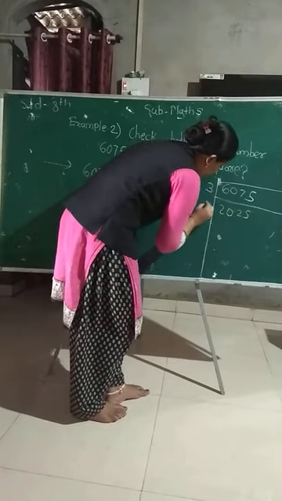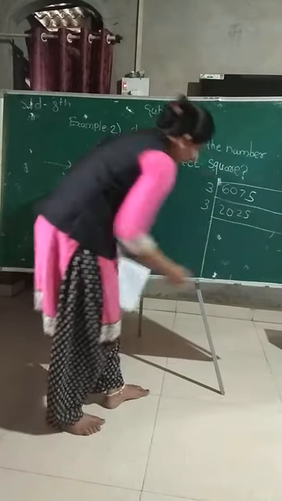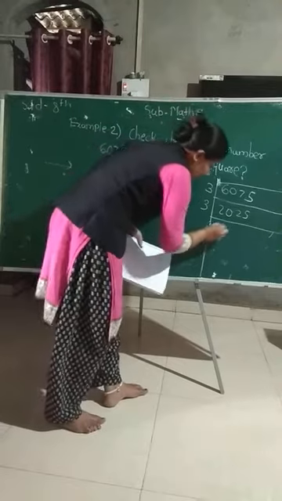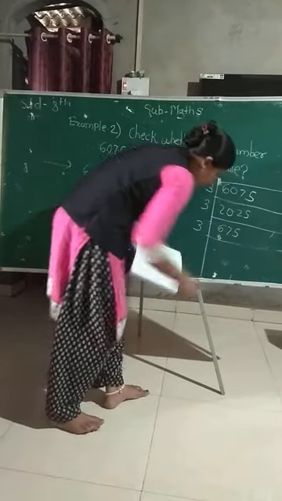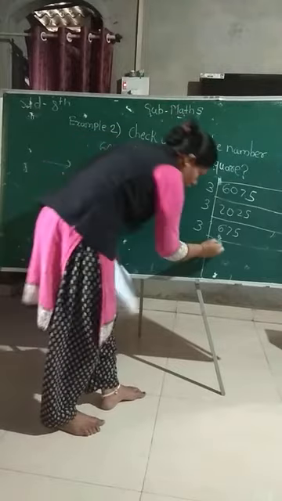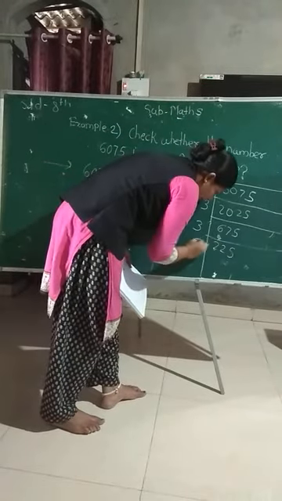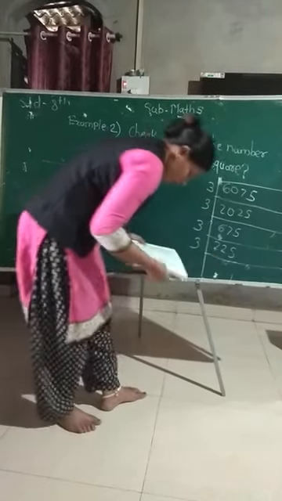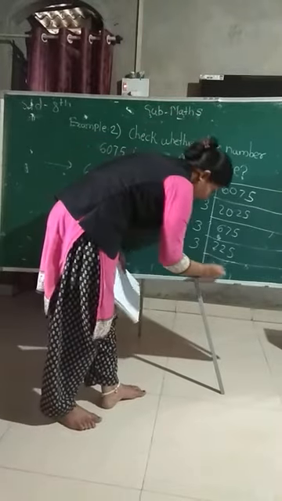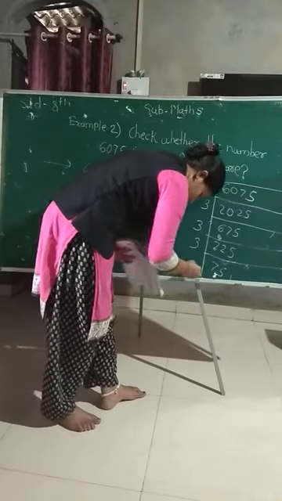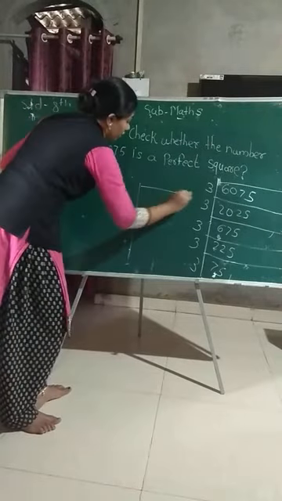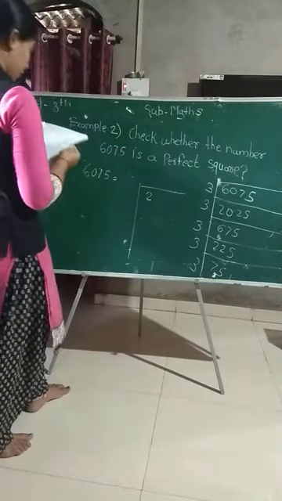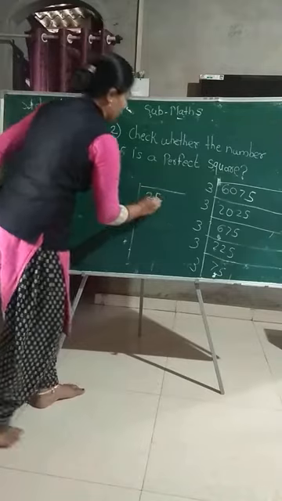Dividing by 3 again we get 675, then 225, then 75, then 25.